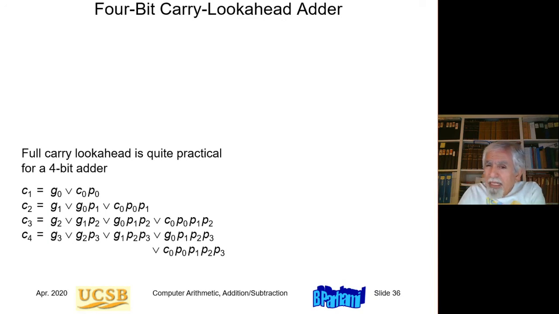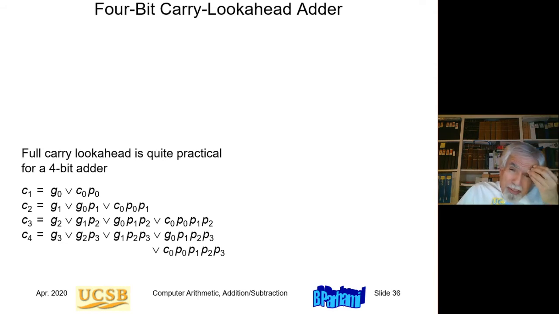So let's look at this. If you have a 4-bit adder, full carry look ahead is quite practical because you can write those intermediate carries in terms of C0. All of them are a function of C0 or carry in, and those various auxiliary generate and propagate signals.